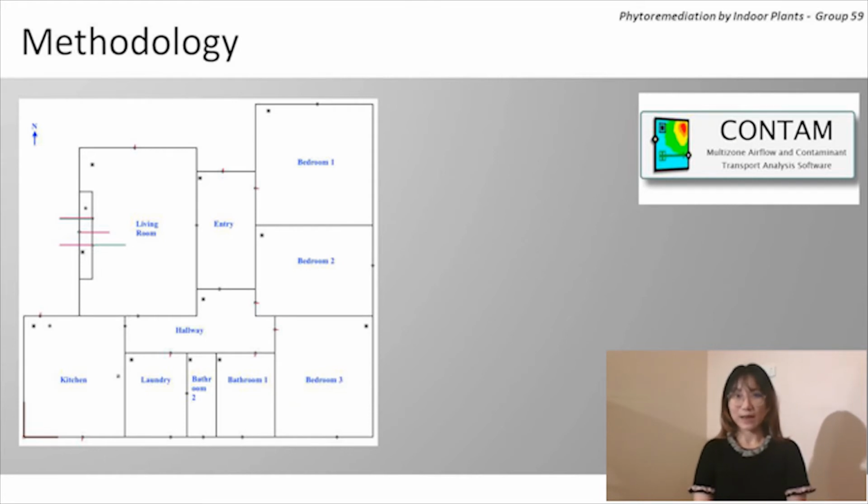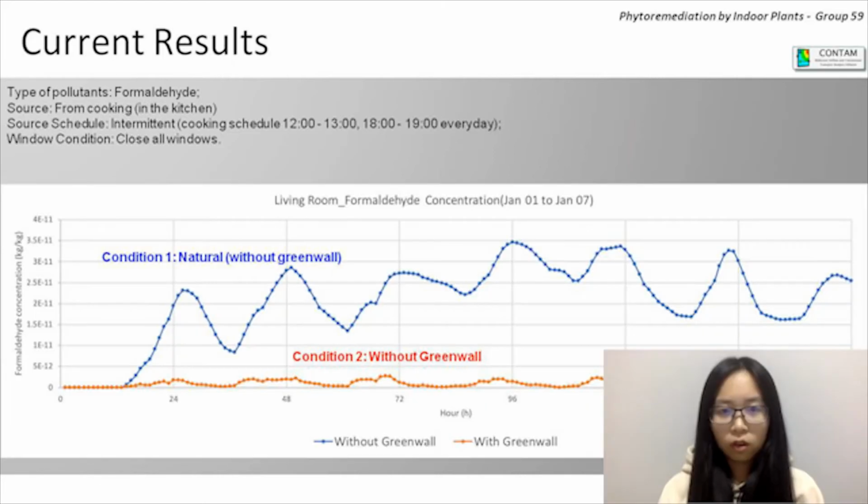Siwen will then provide the results discussion. For our results, we only present the result for formaldehyde. PM2.5 follows a similar trend. First of all, we simulate the real condition, in which all doors and windows are fully closed, and we can find that under the same surrounding conditions, the active green wall can effectively reduce the formaldehyde concentration in the living room.